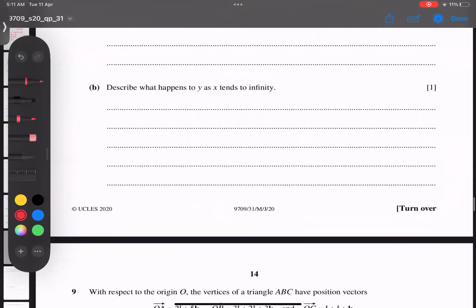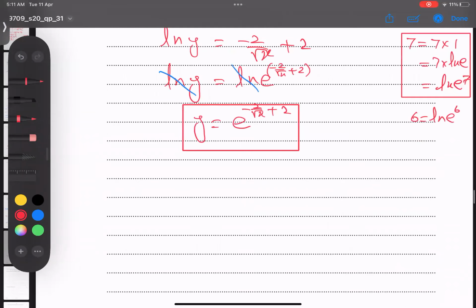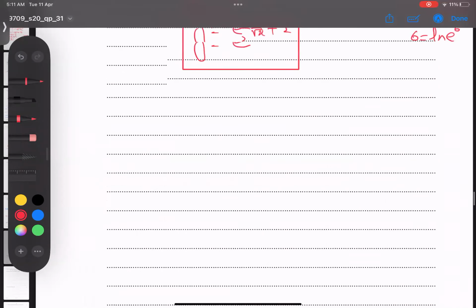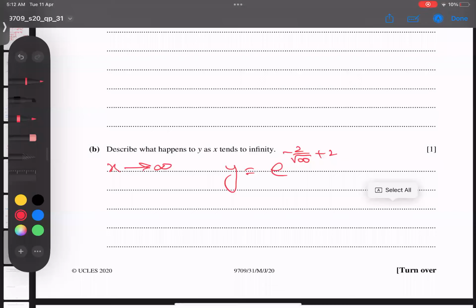Okay, in the next part we have to describe what happens to y as x tends to infinity. When x tends to infinity, what happens? So let's try to plug in: y equals e to the power of -2 over root of infinity plus 2. And you know, students, something divided by infinity is 0.